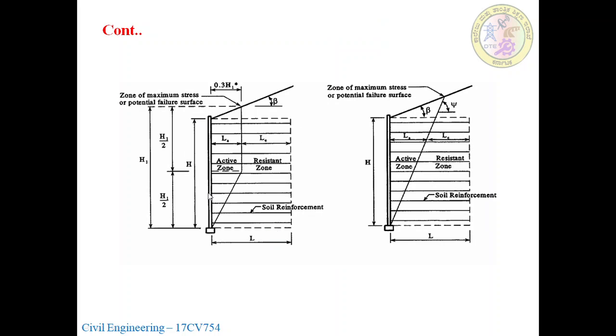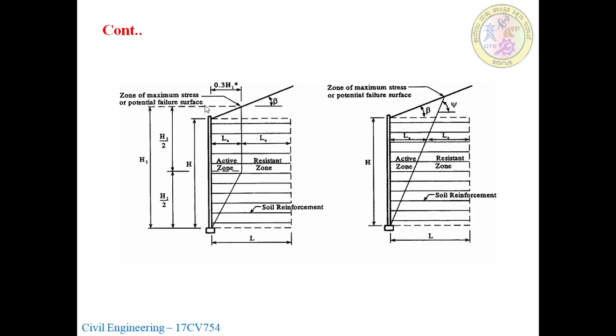In the inextensible case, we have the active zone and the resistant zone, the active length and the resistance length, and the height of the failure soil mass, H1 by 2 and H1 by 2, where H is the height of the wall.